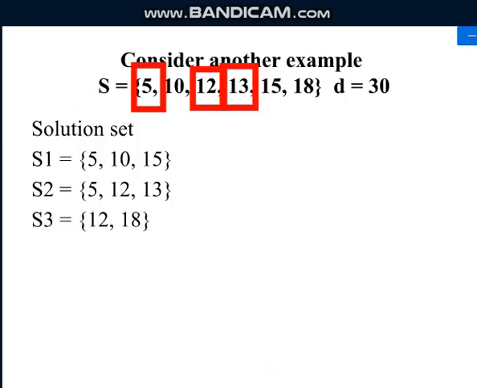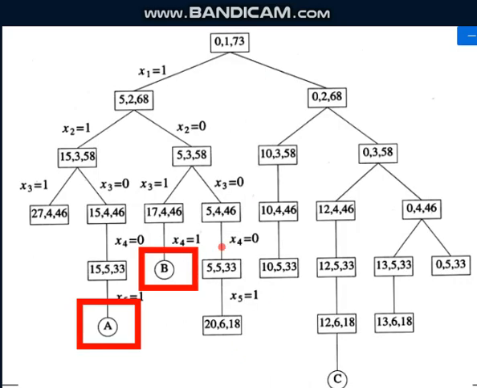So now I'll just include this 15. So 15 plus 5 will give me 20. But obviously the next element in the set will be greater than 15, so even if I include that, that will give me greater than 30. So this has come to a dead end now.